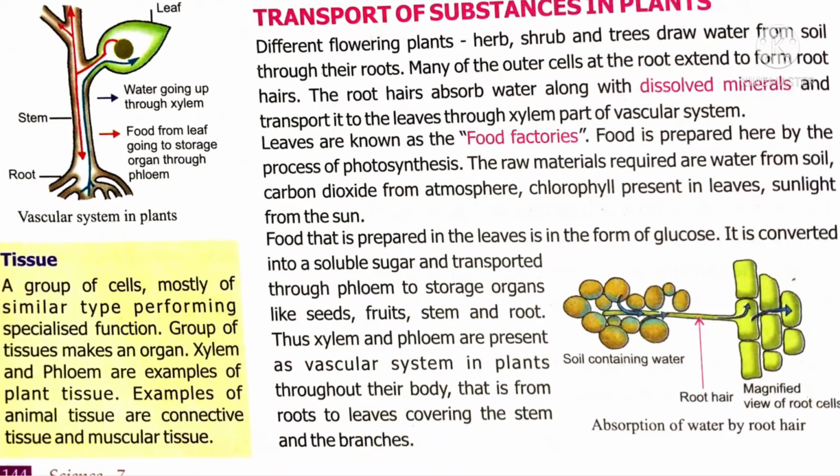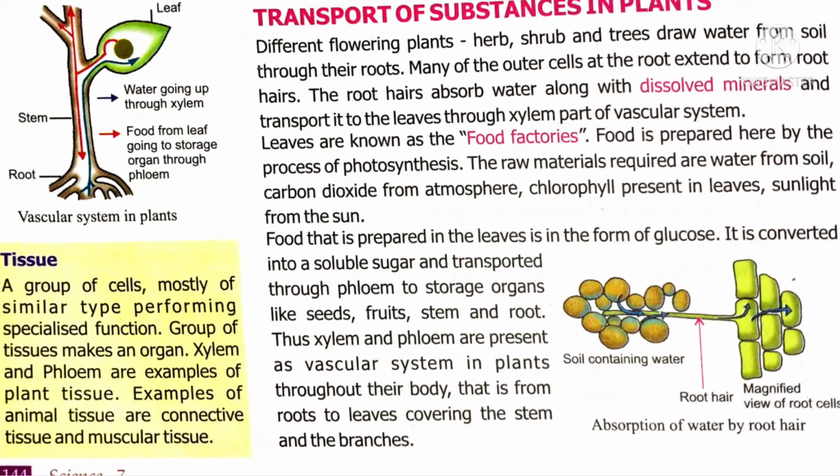These materials are necessary for photosynthesis to occur. Thus, leaves are called food factories. We name this food glucose. Thus, we can say that leaves of the plant prepare food called glucose.